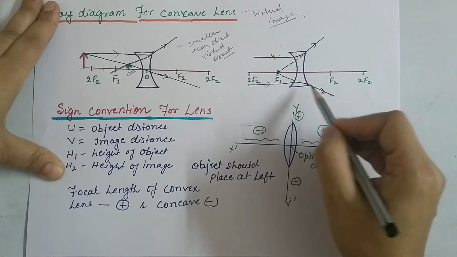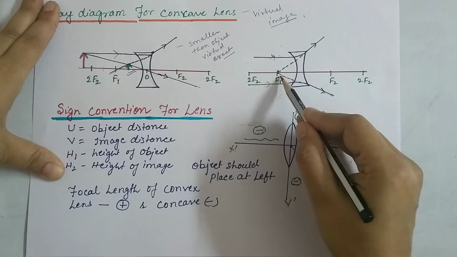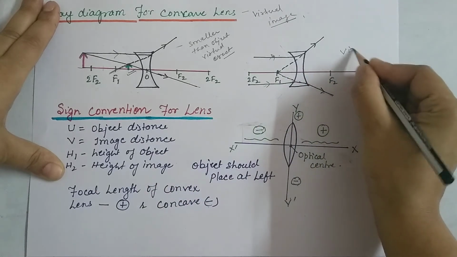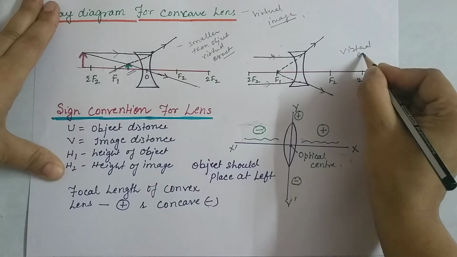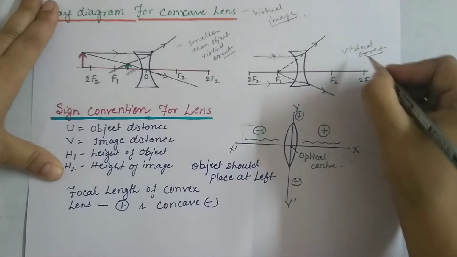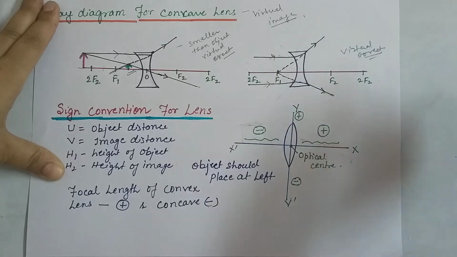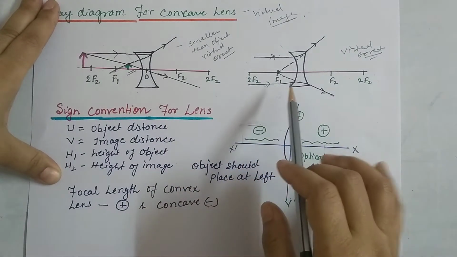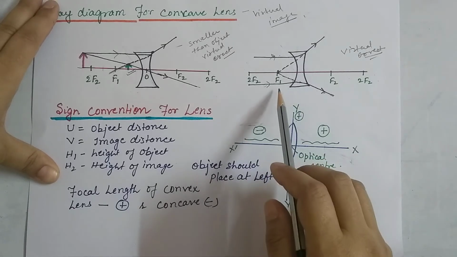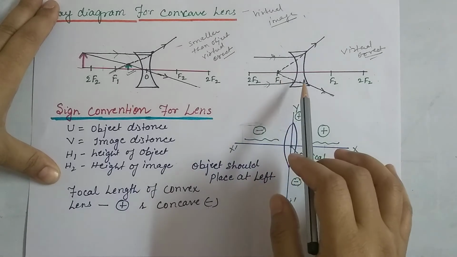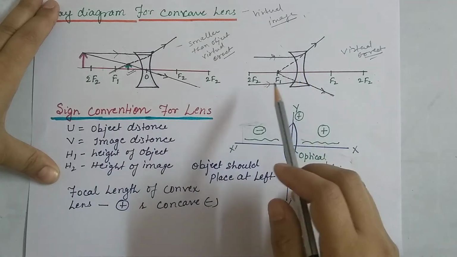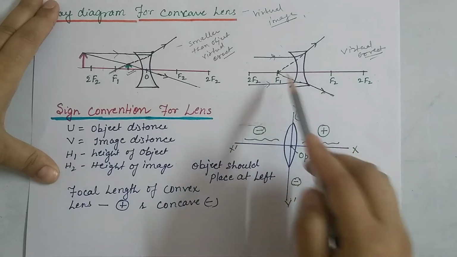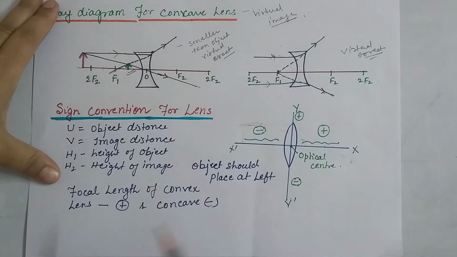Here you will find the image is very small, very diminished, and the image is virtual and erect. So these are the two basic conditions for the formation of ray diagrams in a concave lens. The virtual image is formed because the concave lens is a diverging lens, it always diverges the light rays, and then there is the formation of a virtual image.